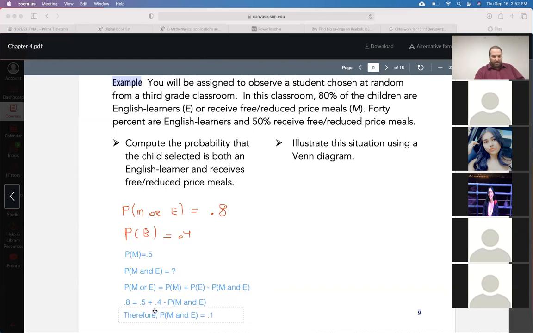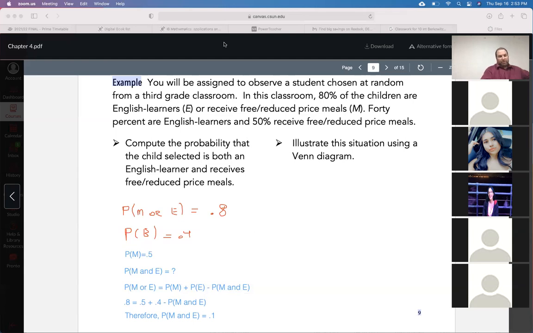Okay. I have a question, Professor. Yes. For the formula, I thought it would be 0.8 equals X plus, oh wait, sorry. So we're trying to find the probability of M and E. Yes, right.